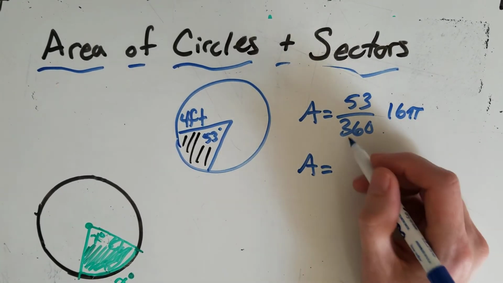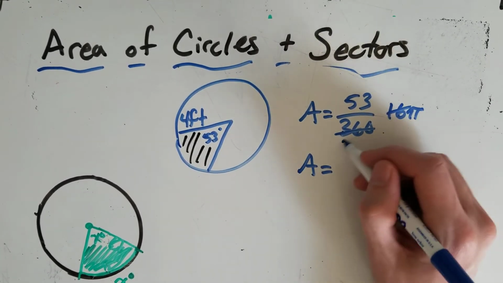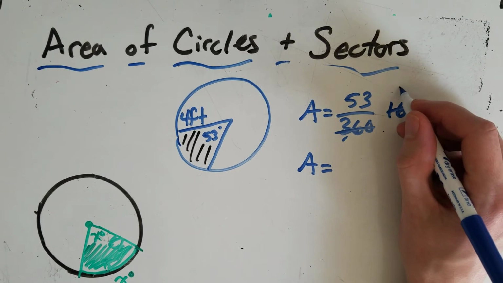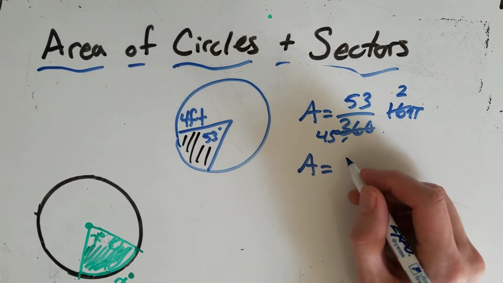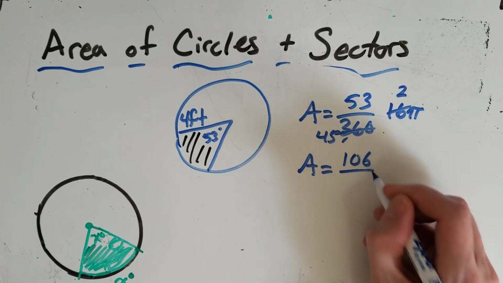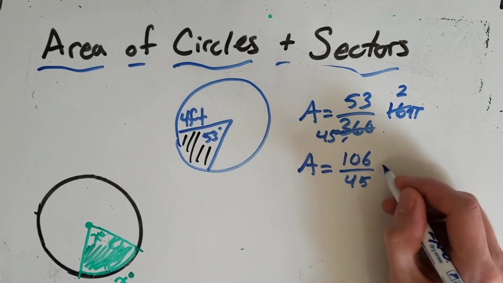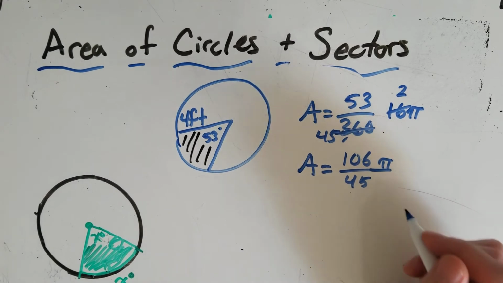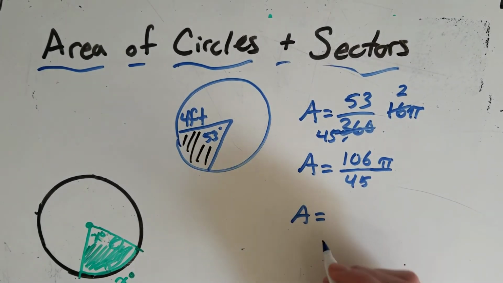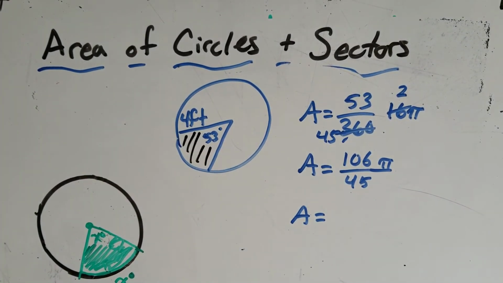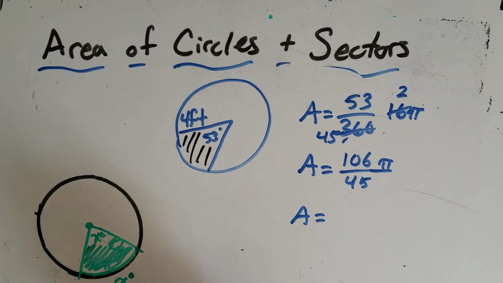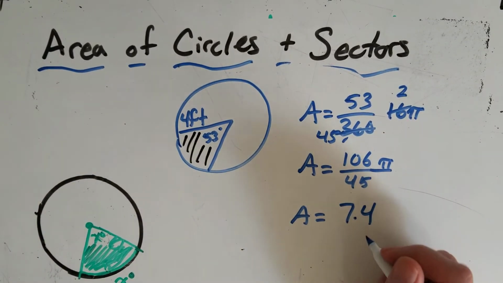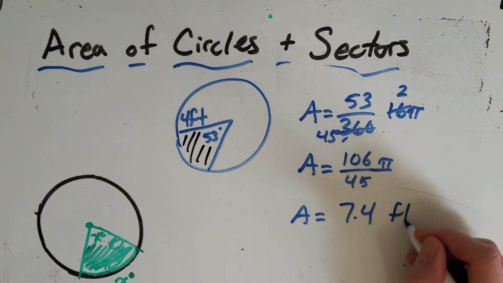If we wanted to, we could simplify 360 and 16. 8 goes into both of those, and if we wanted the answer in terms of pi, it is not a nice answer. I don't know if we can simplify this or not, but let's say we want the answer as a decimal, and we'll round to the nearest tenth. 106 times pi divided by 45, and we end up with 7.4, and we had feet, so feet squared.